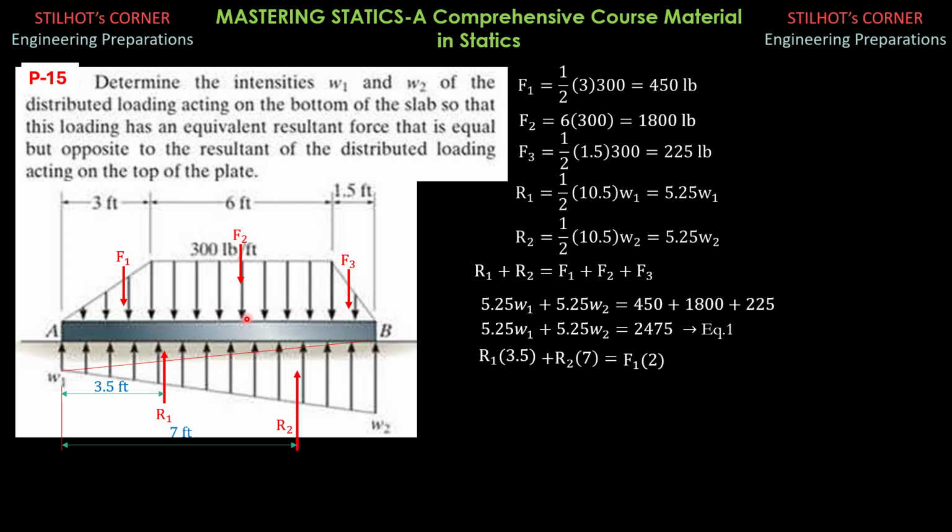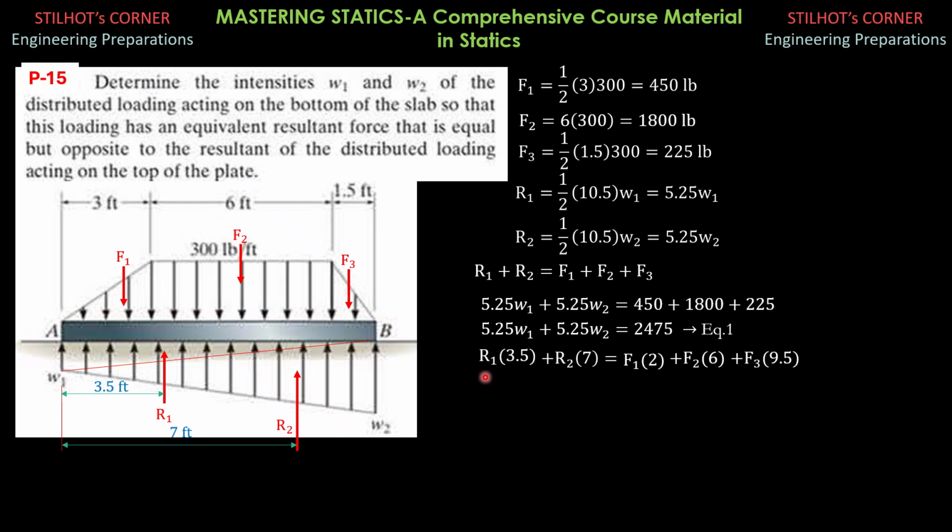For F2, the distance from A is half of 6, 3 feet, plus 3 feet, so 6 feet. So plus F2 times 6, then plus F3, whose distance from point A is 3 plus 6, that's 9, plus 1/3 of 1.5, 0.5, so 9.5, plus F3 times 9.5.